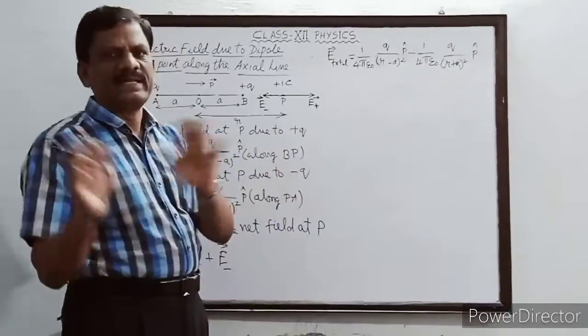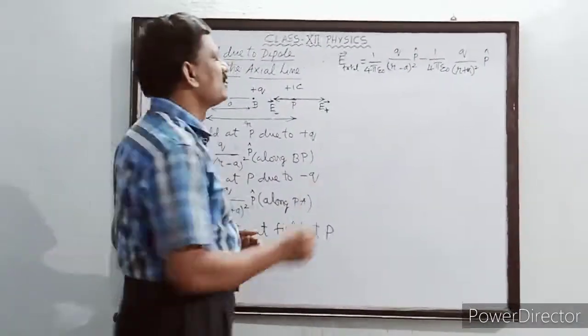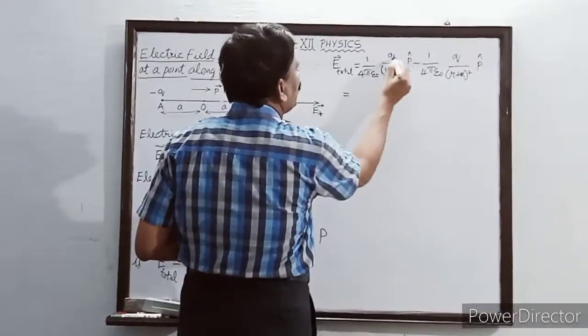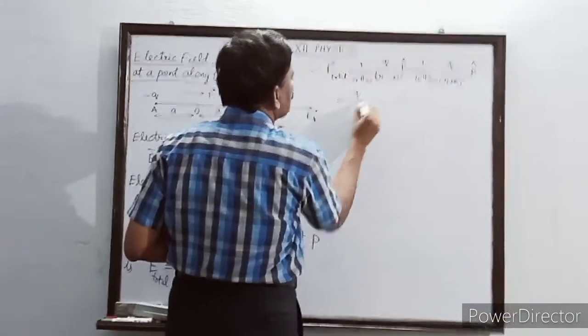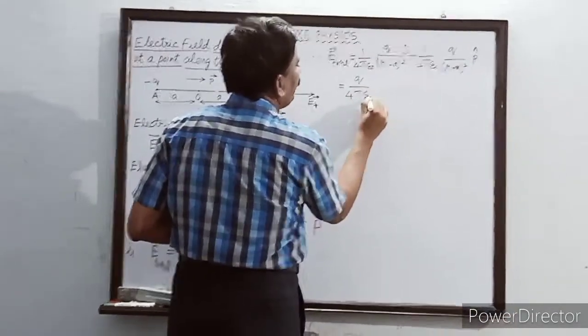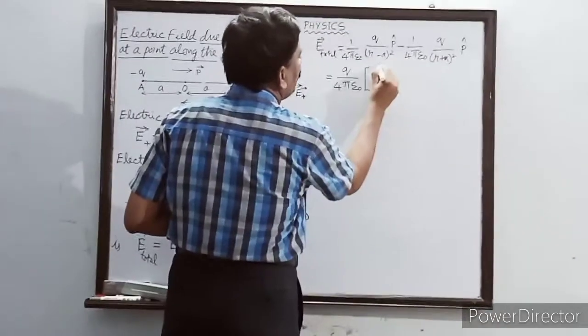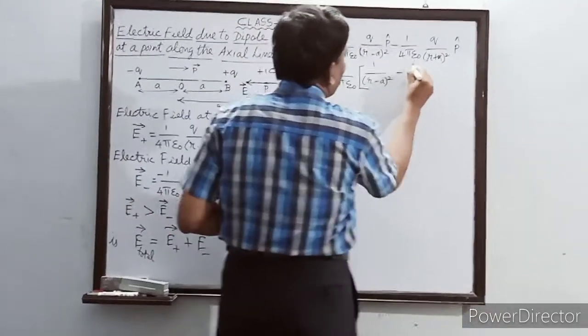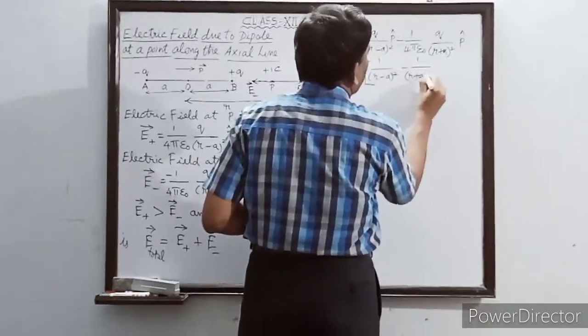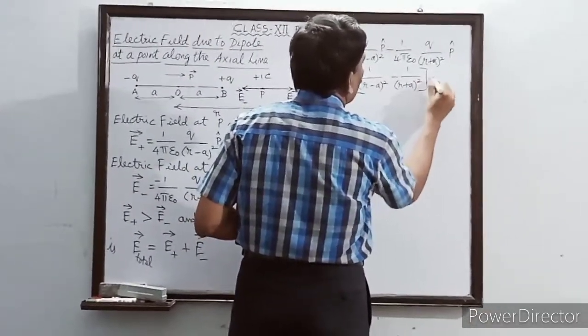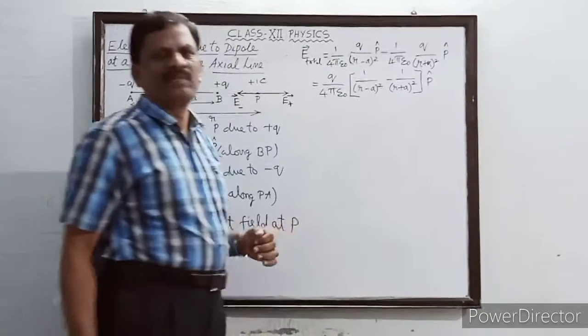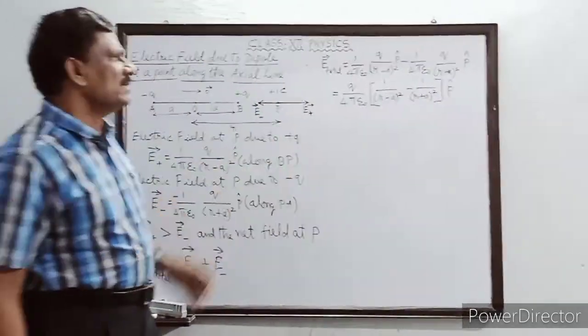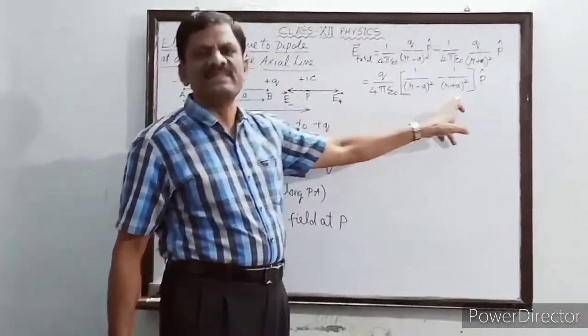Now I will take the common factors and group the terms, so that this will be equal to Q by 4 pi epsilon naught into 1 divided by R minus A the whole square, minus 1 by R plus A the whole square, into P cap. In the vector form itself, I am grouping the terms. So now you see that we have to take the LCM.